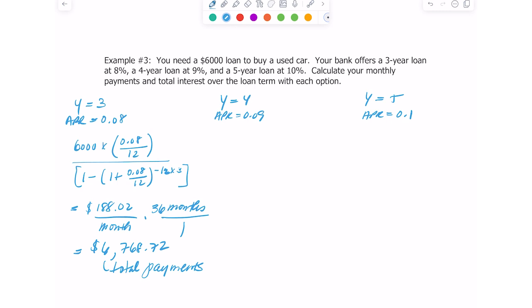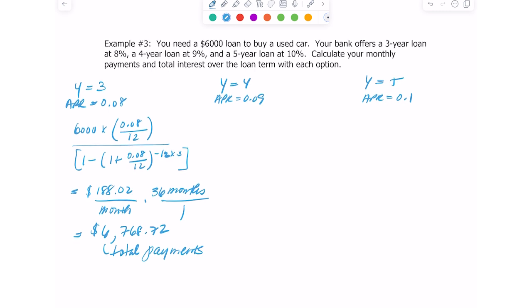Okay, so we found the monthly payment, $188.02. But with the total payments, I need to figure out the total interest over the loan term. So again, how would I figure that out? I'm just going to take the $6,768.72 and subtract the principal, and then that leaves me with $768.72.